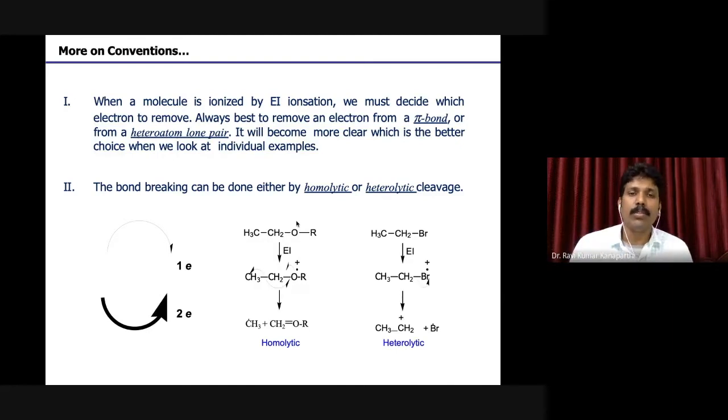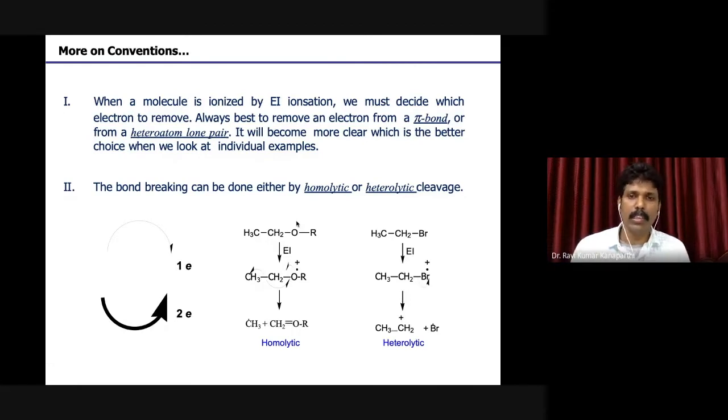Whenever you see a heteroatom, which has a lone pair of electrons, it is much easier to knock out those electrons. Similarly, pi bond electrons are much easier to knock out, followed by sigma bond electrons. Therefore, when you come across a heteroatom or a pi bond, you show the radical cation on those places instead of on the sigma bond.